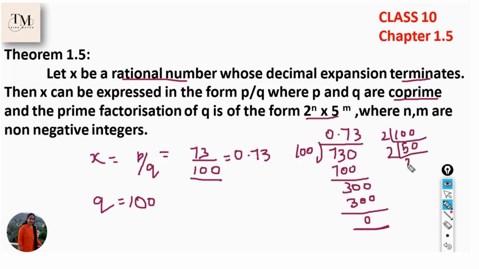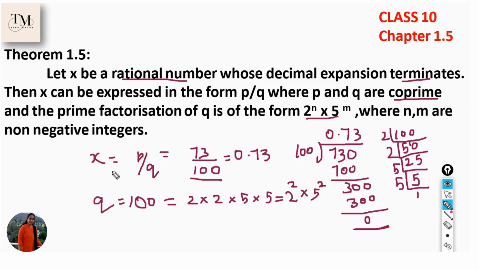Again 2, 2 2s are 4, balance 1. 5 2s are 10 and 5 5s are 25. So 5 1s are 5. So 100 can be expressed as 2 into 2 into 5 into 5. So this is nothing but 2 power 2 into 5 power 2.